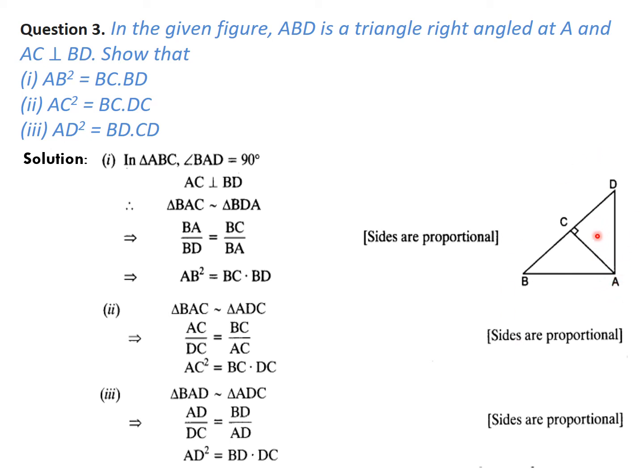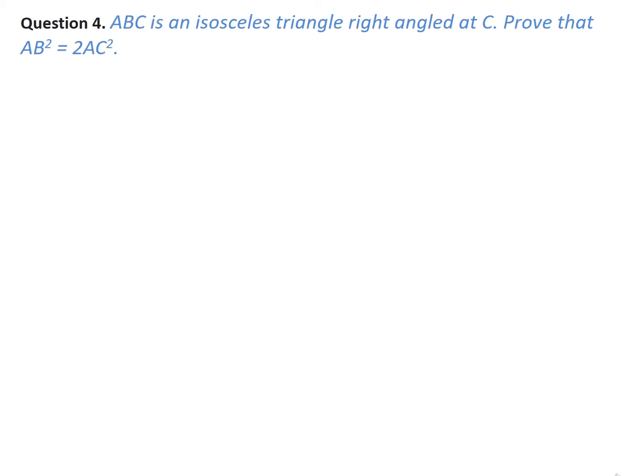So let's take these two, and we already know that these are also similar by the theorem. Therefore, let's write down that they are similar, and let's write down the ratio of the sides. So we can write AD by CD is equal to BD by AD. Let's cross multiply. So AD square is equal to BD into CD.